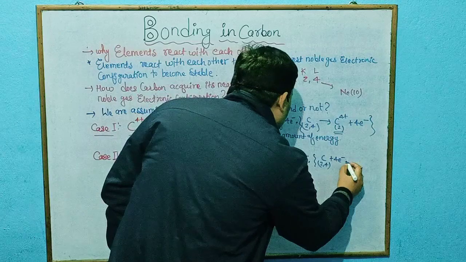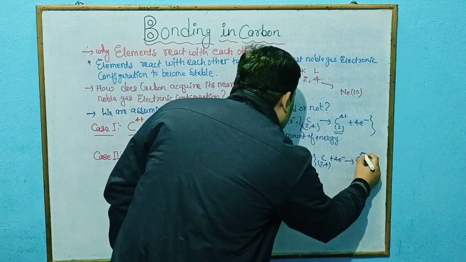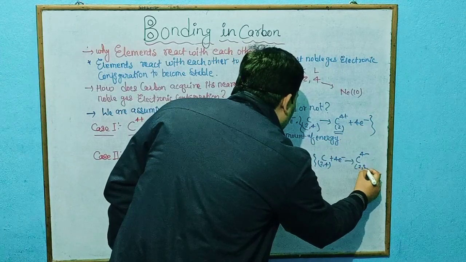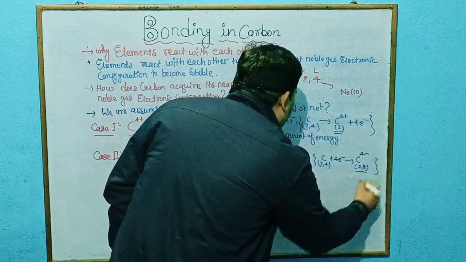By gaining 4 electrons, carbon could become a 4- ion and could acquire the nearest noble gas configuration of neon.